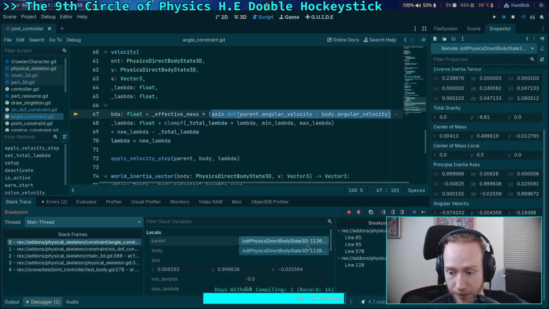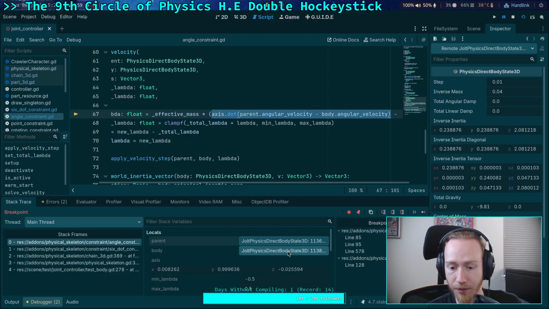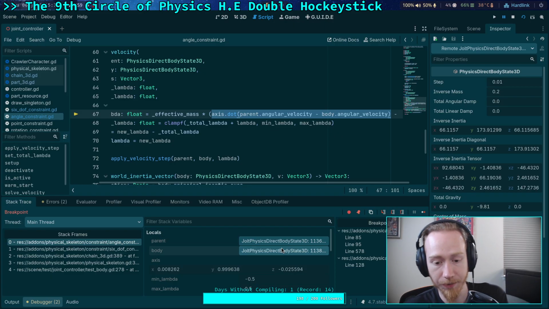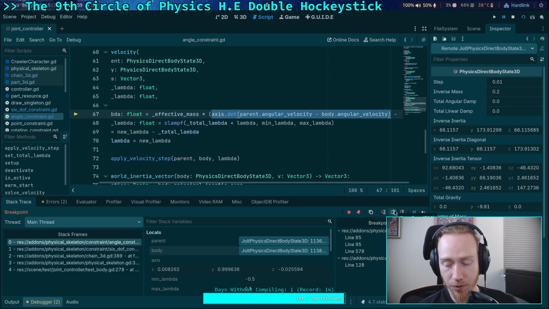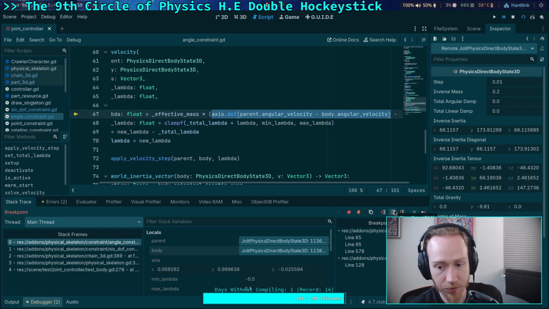Yes, I mean, this looks like kind of what I want it to be, right? I think my camera covers it, but I can see the velocities. They look exactly correct to me. So when this applies the velocity step, it should actually barely change these two. I think it's supposed to barely change these two.